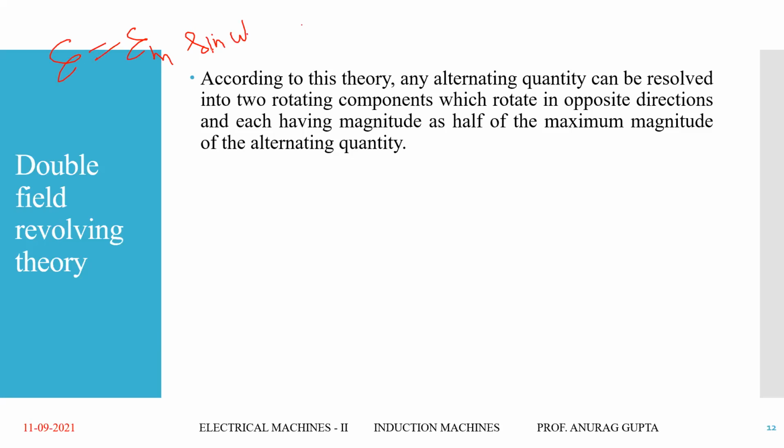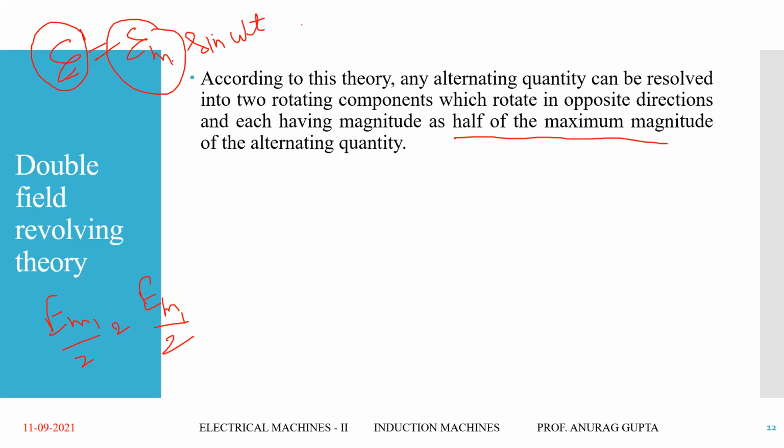We can divide this e component, which is alternating in nature, into two parts, Em by 2 and another part Em by 2. Clear? You can see already I've said we have magnitude as half of the maximum magnitude. That means if this is Em, I'm using half in one component, half in another component.